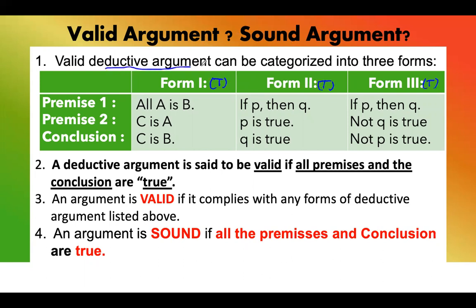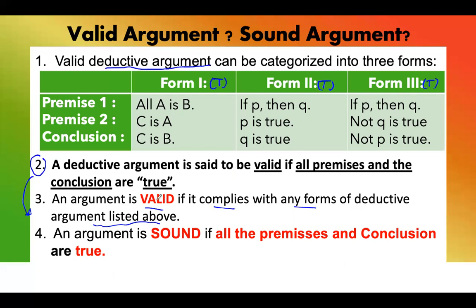Deductive argument. You can see here, a deductive argument is said to be valid if all premises and the conclusion are true. We are not looking at this later on because it contradicts with this. And the argument is valid if it complies with any forms of deductive argument listed above.